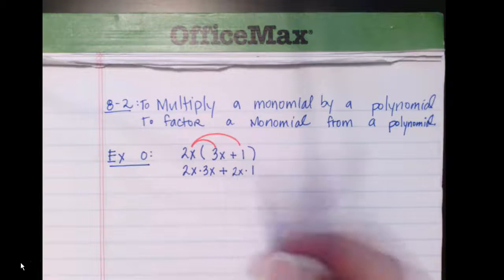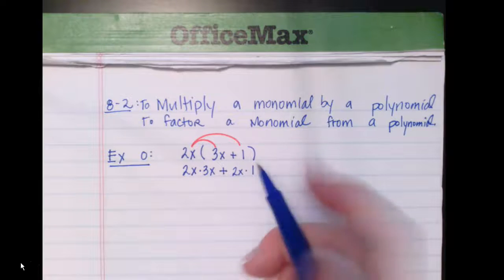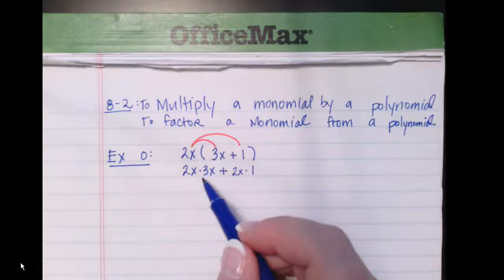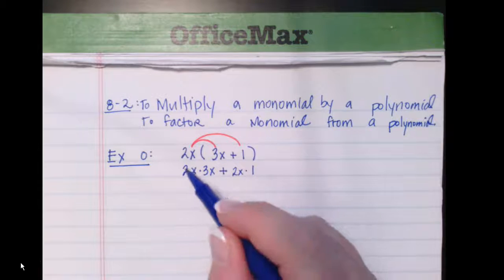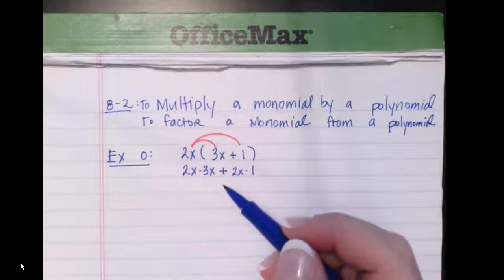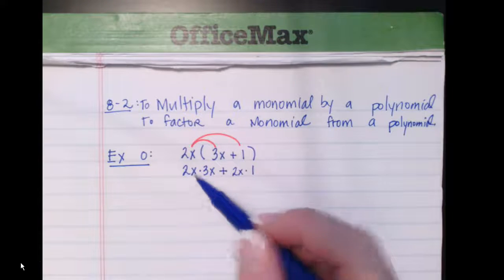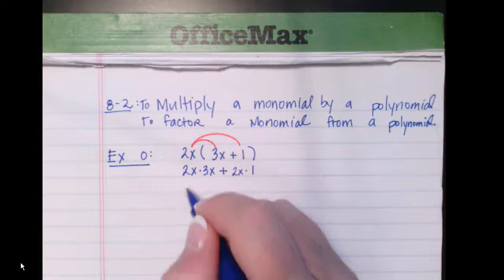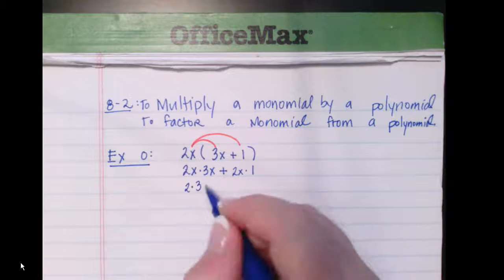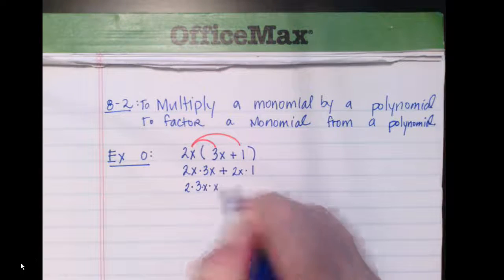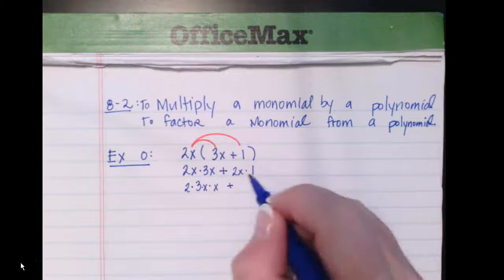When I combine like terms, I just worry about the coefficients, but when I am actually multiplying, I have to use my exponent rules. So in this case, we're going to take our plain old numbers, 2 and 3, and they don't have powers, so we're going to use just the plain old rules of multiplication, and I can change the order. So I've got 2 times 3, and then I've got times x, and then plus 2x times 1.